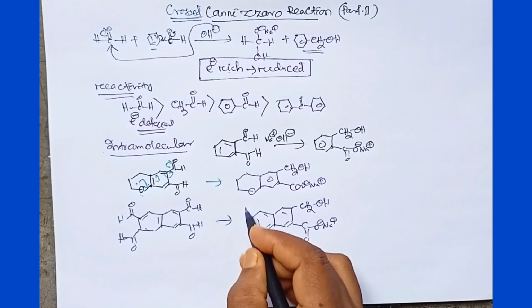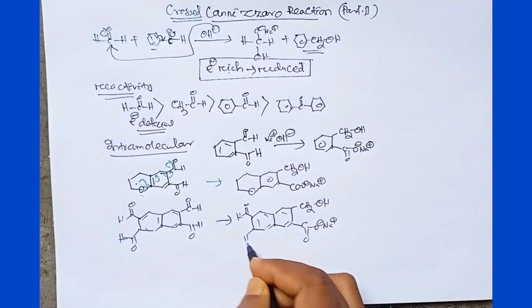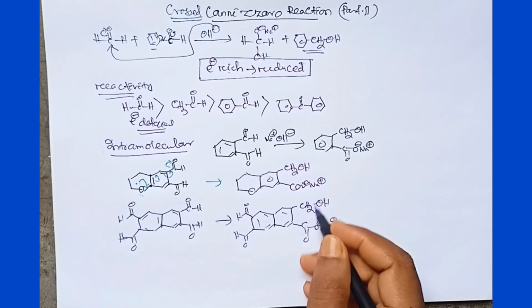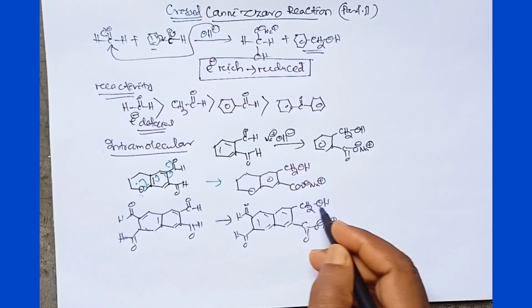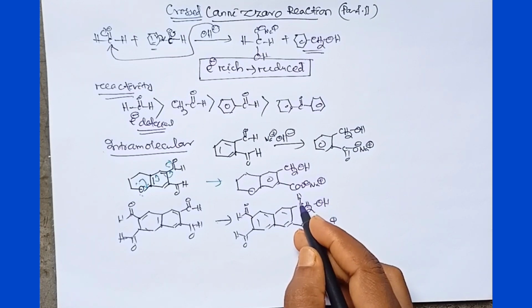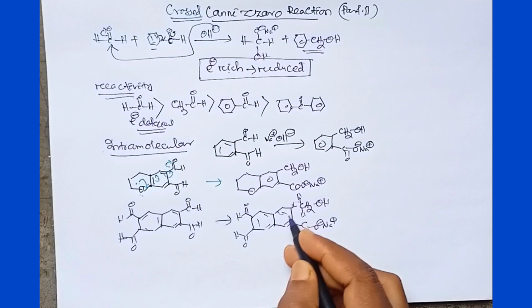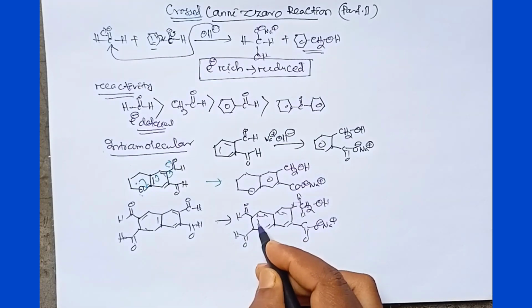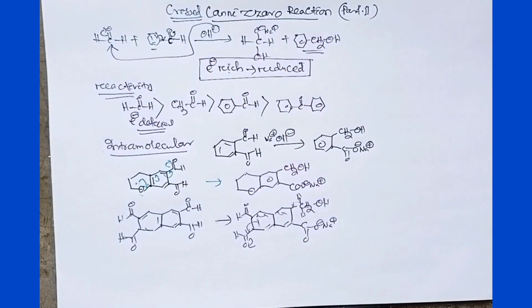Now we have to decide out of these two aldehydes which is more electron enriched and which is more electron deficient. You can think here a kind of hyperconjugation taking place. This comes here, this comes here, and this comes here.